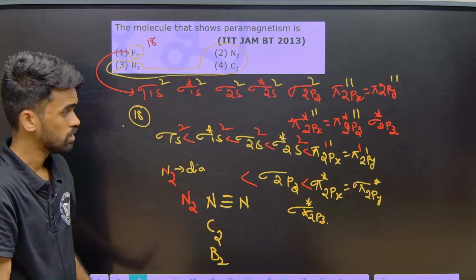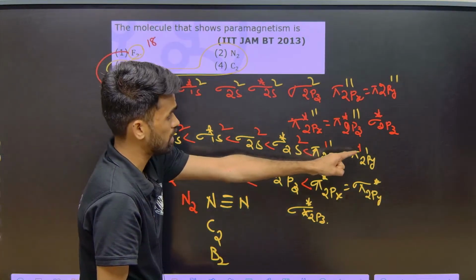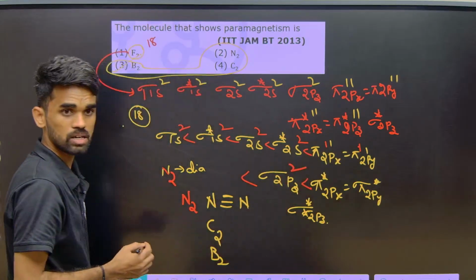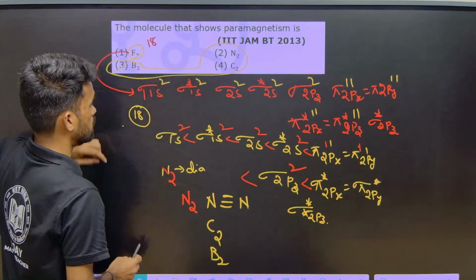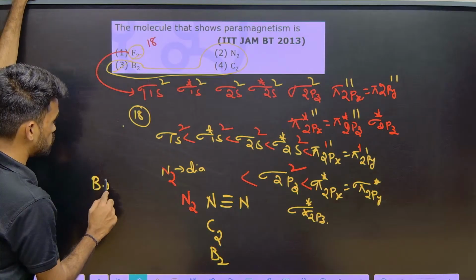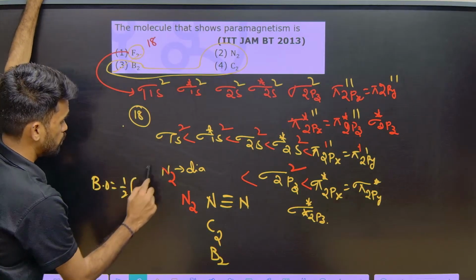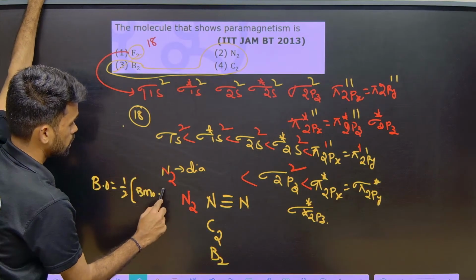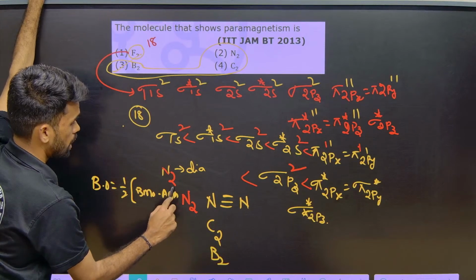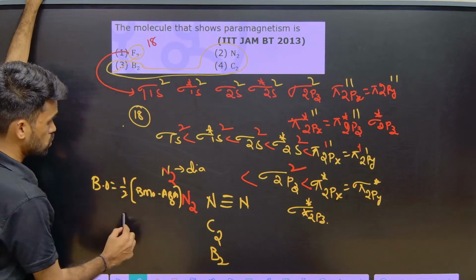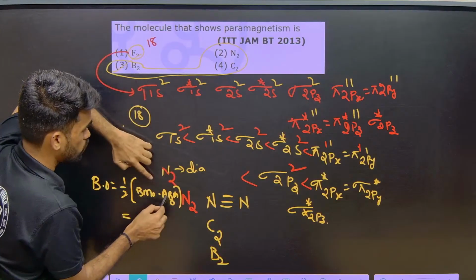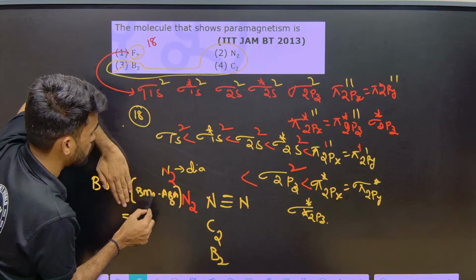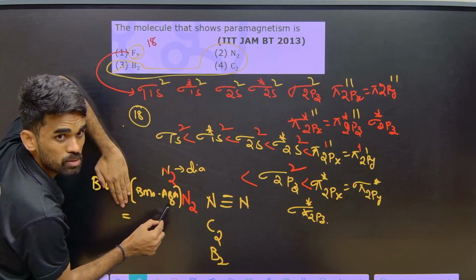See, 12 electrons over, 14 electrons over. So now look here. In the bond order formula, if you observe properly, it is half into BMO electrons minus ABMO electrons, the anti-bonding electrons. So for every BMO and ABMO, if they are the same number, what happens? Bond order becomes 0.